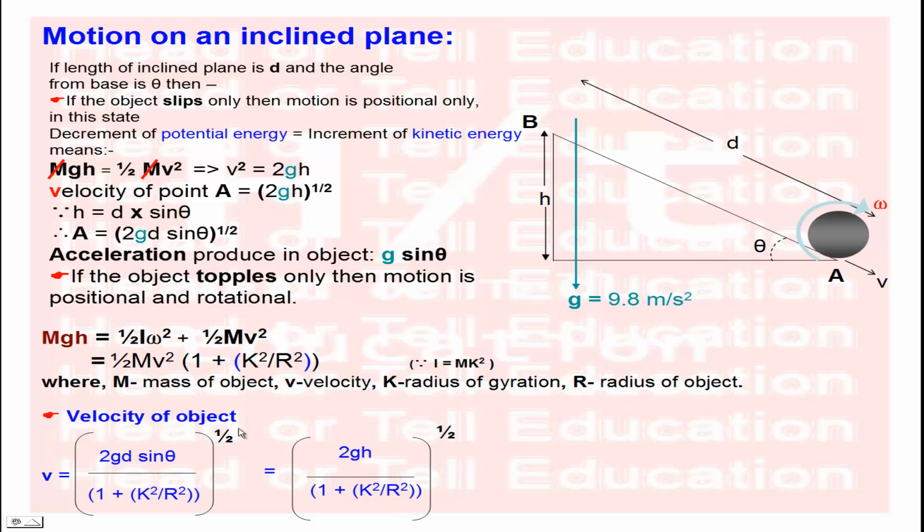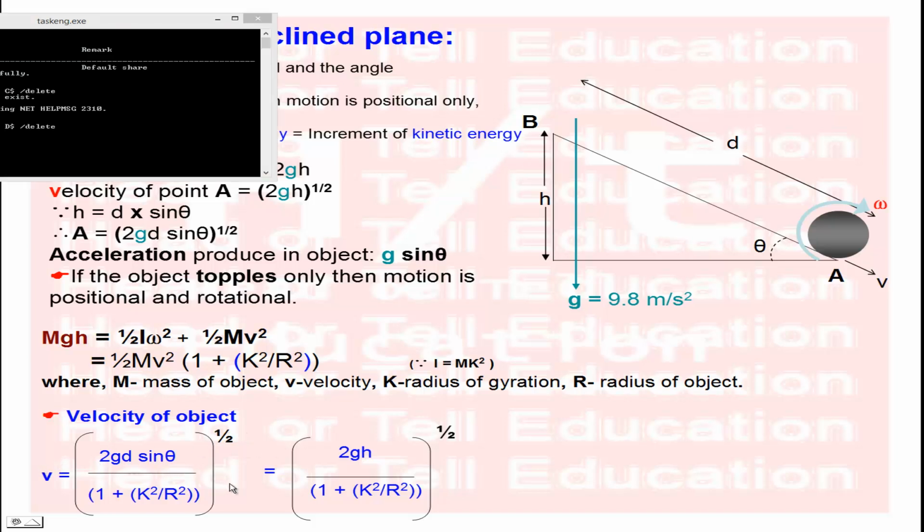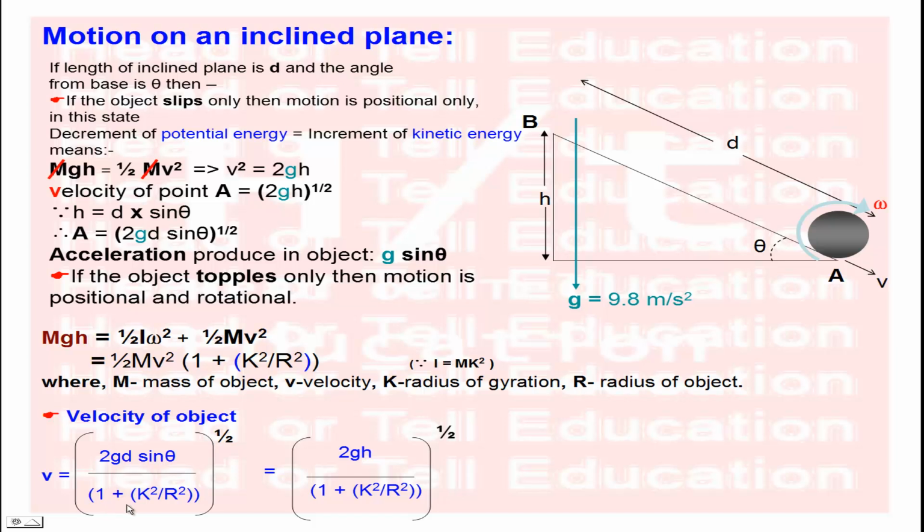Now calculate the velocity of the object. So v equals the square root of 2g d sine theta divided by 1 plus k square by r square, which equals the square root of 2gh divided by 1 plus k square by r square.